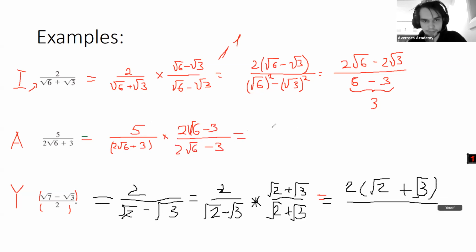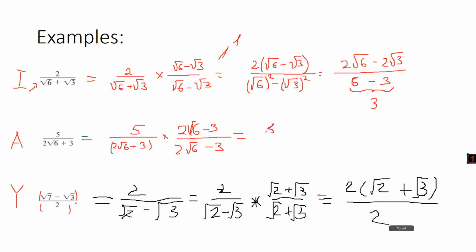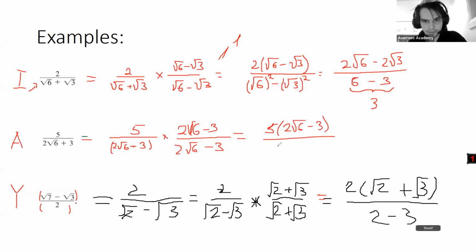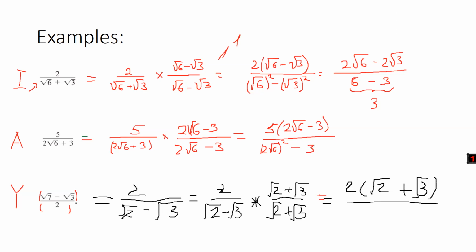Okay, 5 and then a bracket, 2 root 6 subtract 3, divided by bracket 2 root 6 squared, subtract 3, and then that equals, I did 10 root 6 subtract 15 for the top, and then 20.